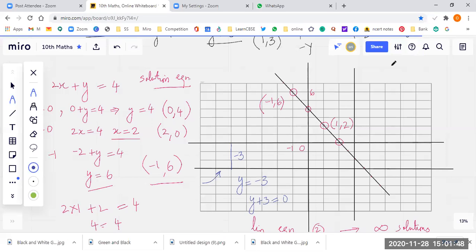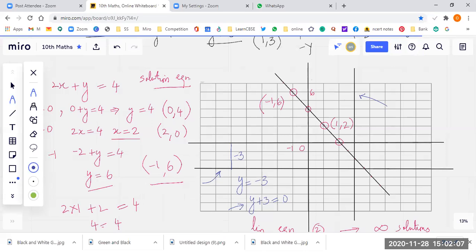Now students, it's very interesting. Whenever there is a line parallel to the x-axis, it will not have the x variable in it. If a line is parallel to the y-axis, interestingly, it will not have the y variable in it.